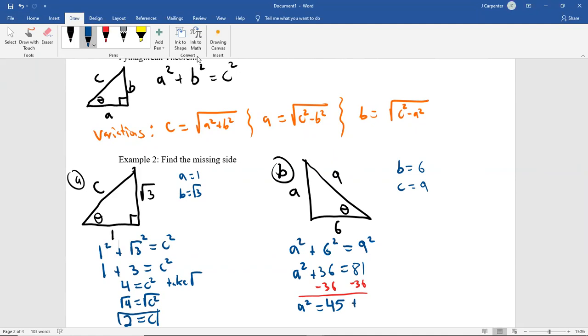Then we take the square root. So the square root of A squared equals the square root of 45. The square root of A squared is A. The square root of 45 we do not know, but we will not stop here, because 45 can be broken up. Remember, in pre-calc and in Algebra 2, you should have learned that if you can simplify these, you have to.